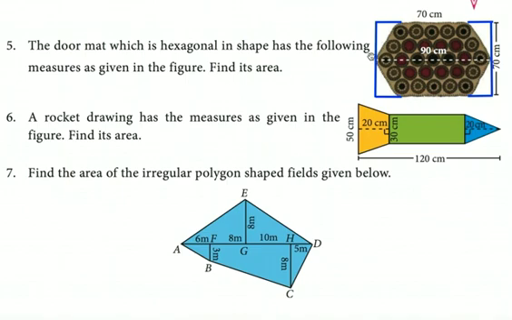That means 5 into 35. 5 into 35 is how much? 175. So 175 into 4 is the area of all the triangles. 700 is the area of the four triangles.